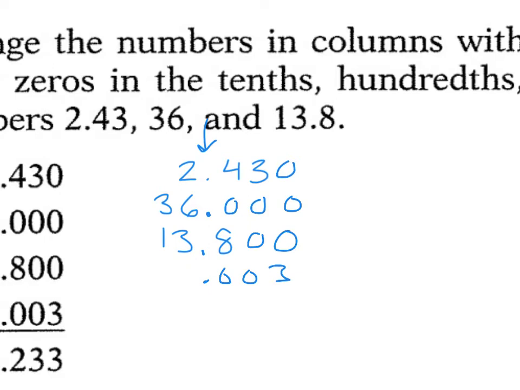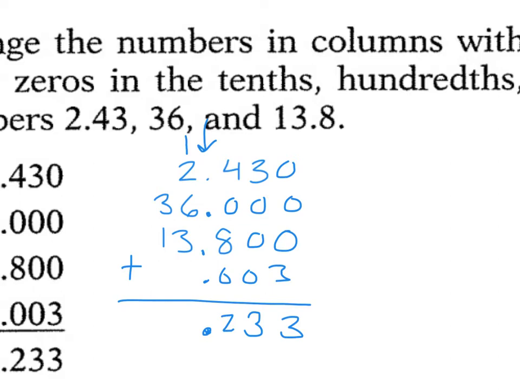So we are going to add all of these up. We start by adding the columns. So we have 0 plus 0 plus 0 plus 3, which is just 3. Next we have 3 plus 0 plus 0 plus 0, which is 3. 4 plus 0 plus 8 plus 0, which is 12, so I'm going to put a 2. Drop our decimal, because that decimal has to stay in line, and bring a 1 up to the top.